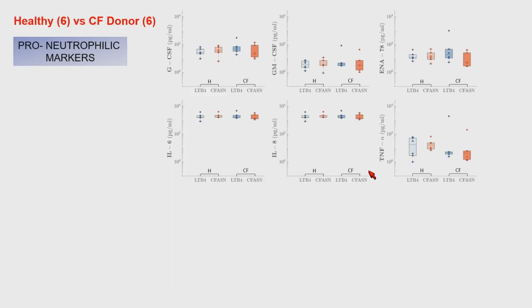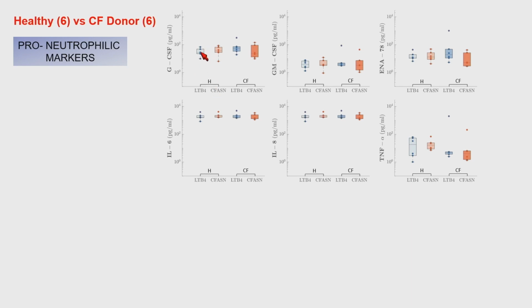However, when we added 6 more CF donors and 6 healthy donors to this data set, one big thing that stands out right off the bat is that all of the markers are showing no significant difference. So basically, there is no donor-specific difference in the cytokine or secretome secretion by the neutrophils from these subjects.